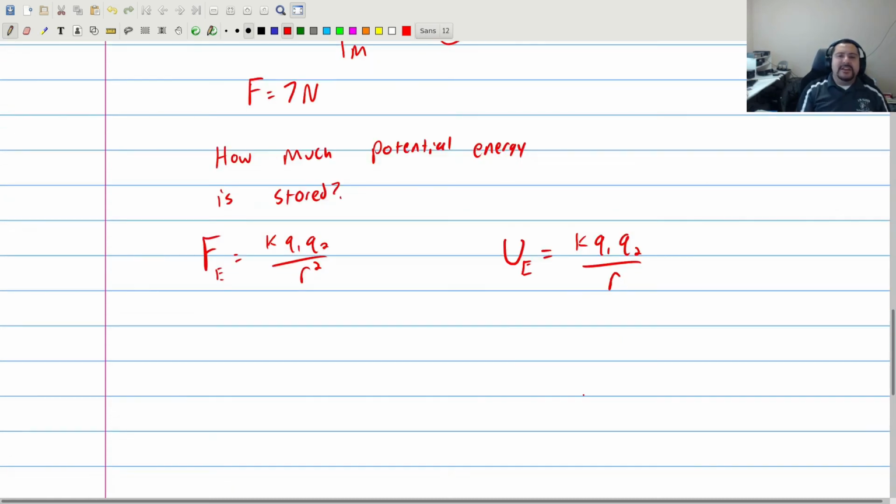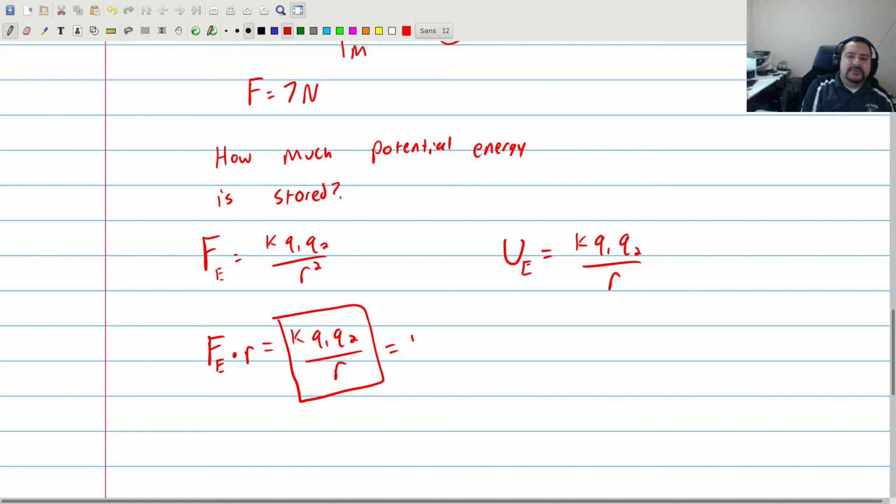So I can manipulate this equation on the left to look like this. Fe times R, so I'll move one of them over here, is equal to K Q1 Q2 over R. Oh, and this is equal to UE.